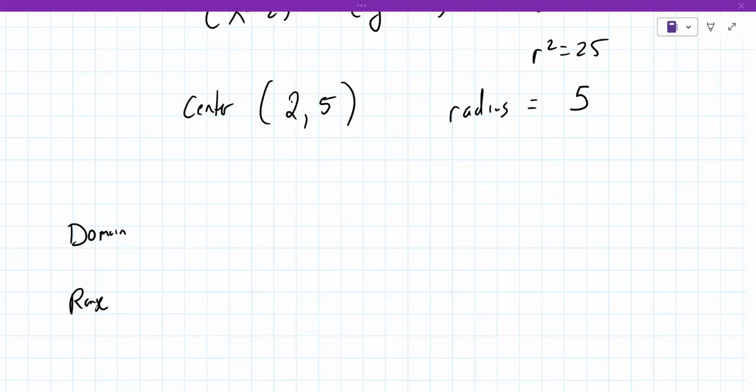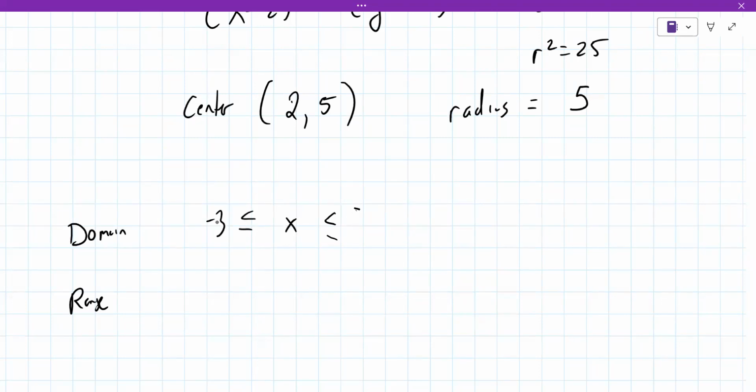Okay, the domain is x such that -3 is less than or equal to x, which is less than or equal to 5, and the range. Nope, hang on.